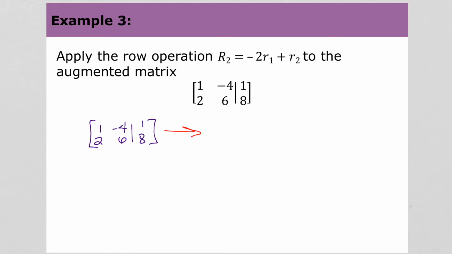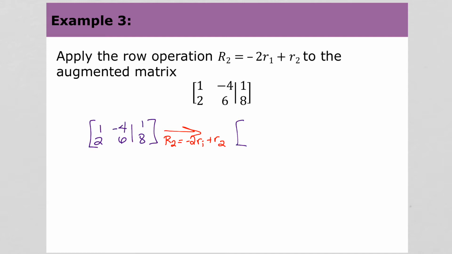And we're going to perform row 2 equals negative 2 times row 1 plus row 2. I probably need to leave that off for now.